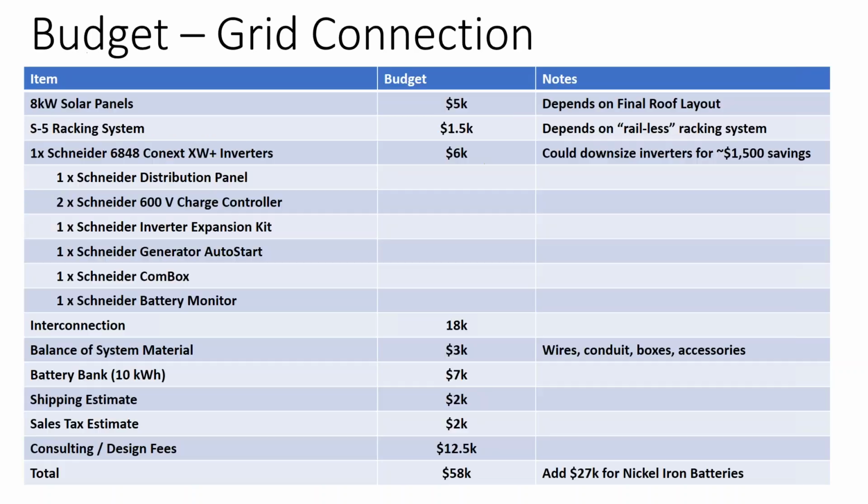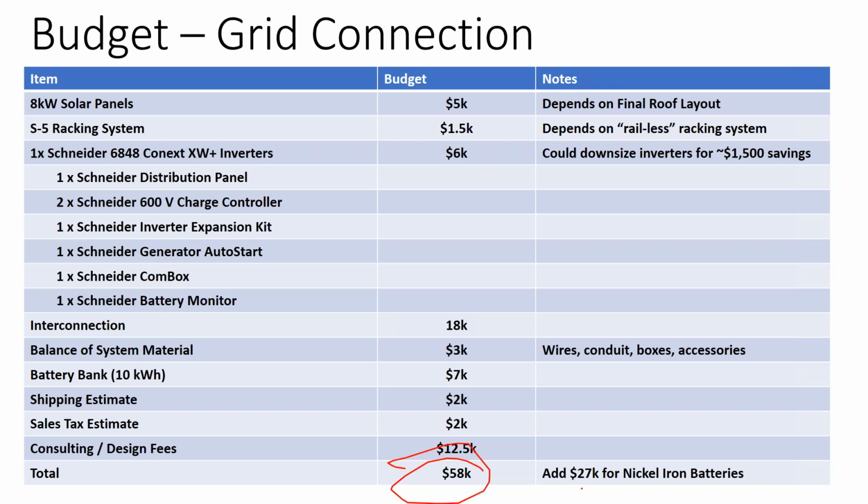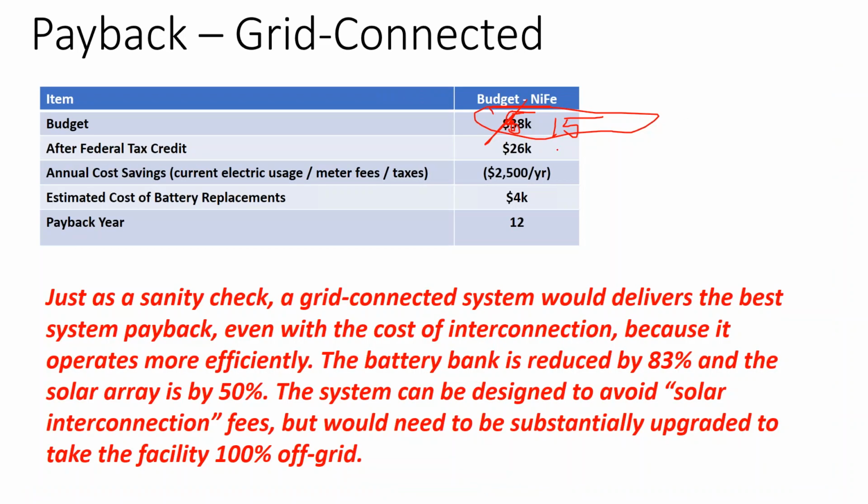So let me just do this really quick. If he's going to spend $58,000, the tax credit at 30% is going to be about $18,000. So 58 minus 18 is going to bring you down to $40,000.